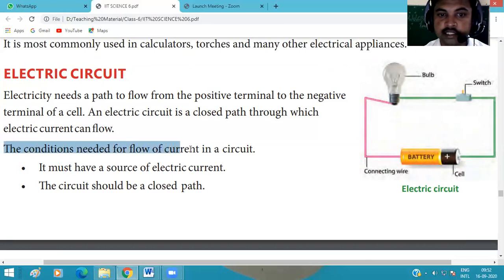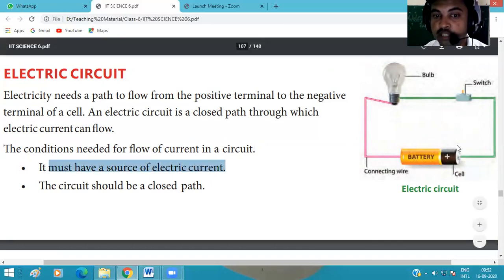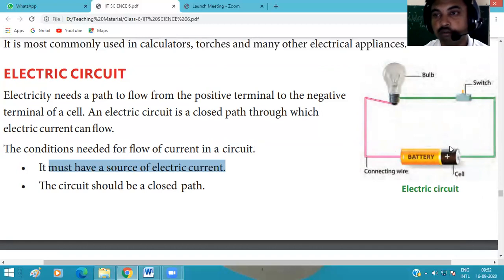So which conditions do we need for the flow of current in a circuit? There must be a source of electric current. It means in a circuit, a source of electricity is needed. Without a source of electricity, there is no flow of electricity.